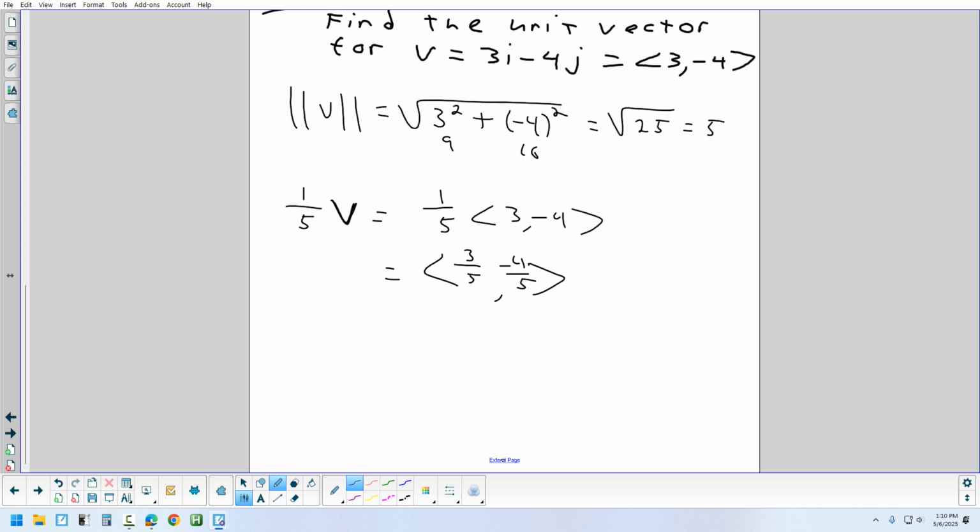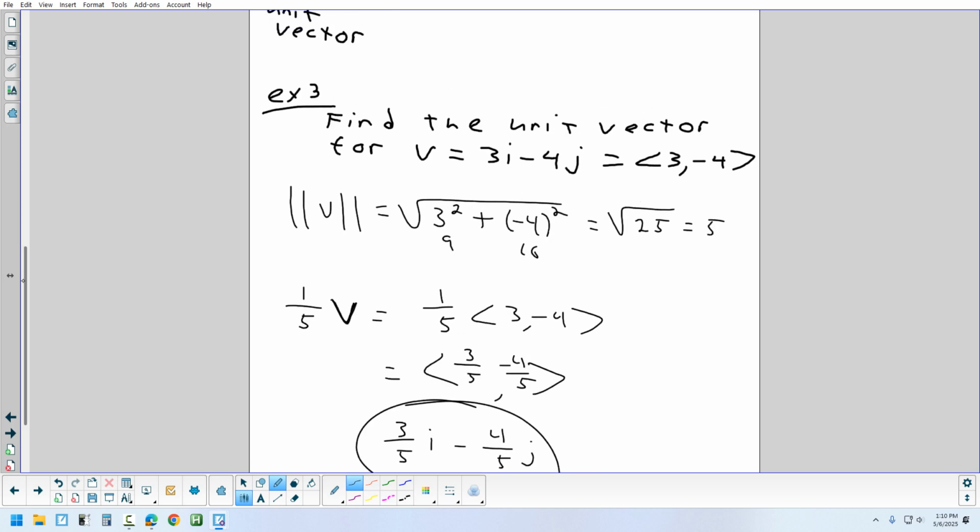And that vector is 5 times shorter than it originally was. So that means it's a unit vector. If you want to write it in the other notation, you can do 3/5 i minus 4/5 j.